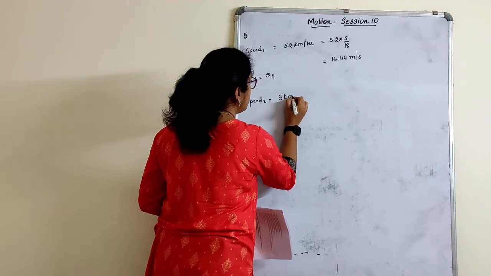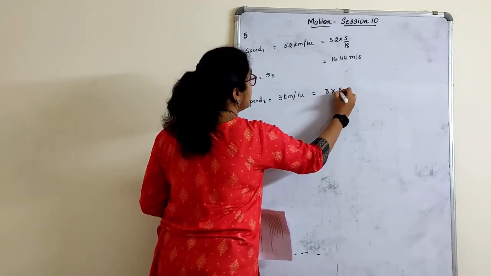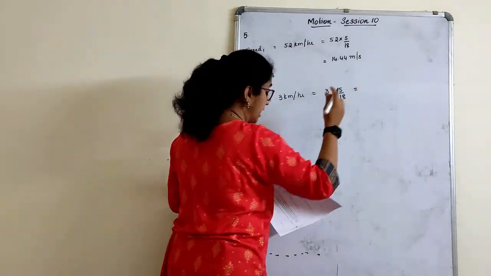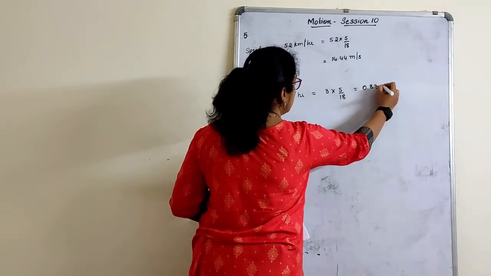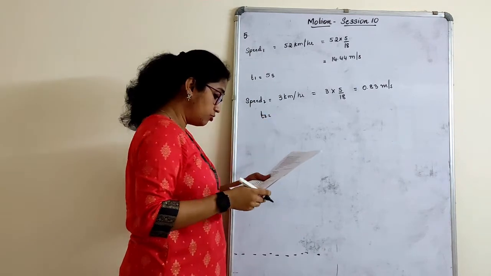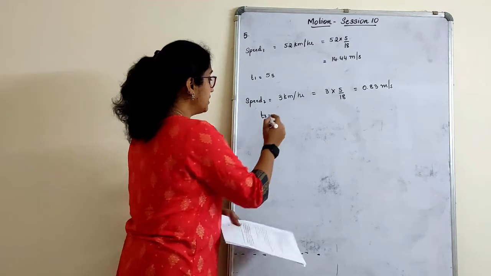So it is 3 km per hour, which is nothing but 3 into 5 by 18. When you calculate this, you will get 0.83 meters per second. And time 2 is 10 seconds, as he applies brakes slowly and stops in 10 seconds.